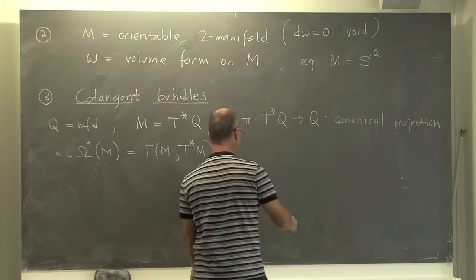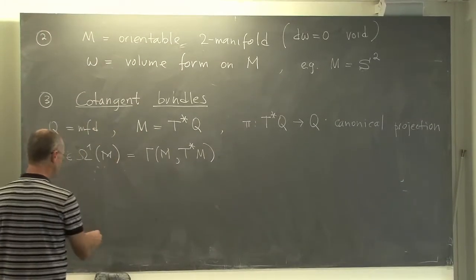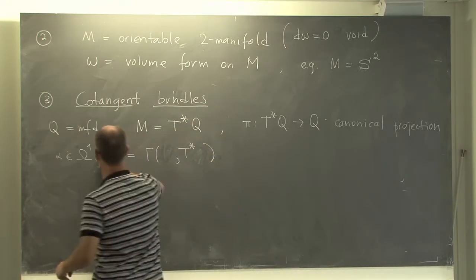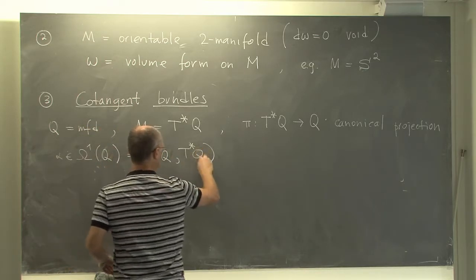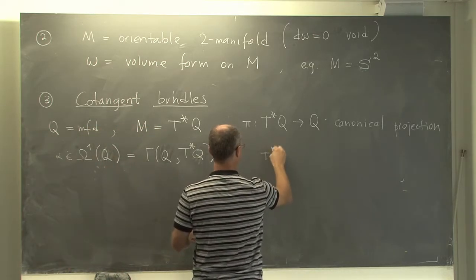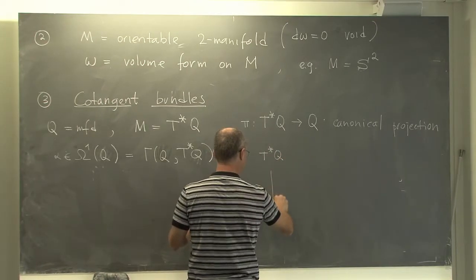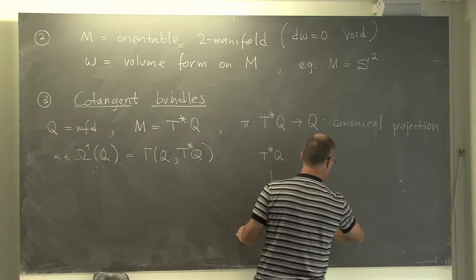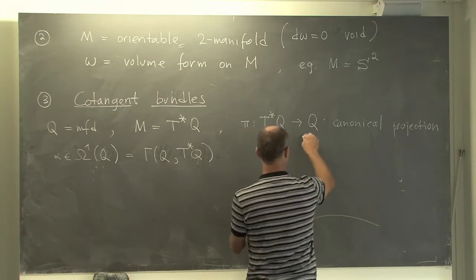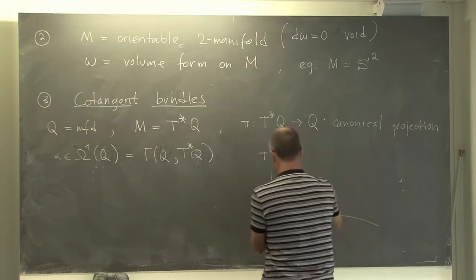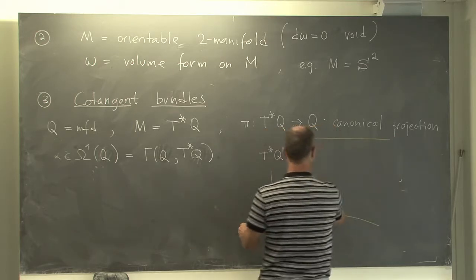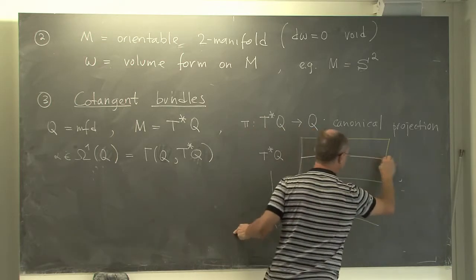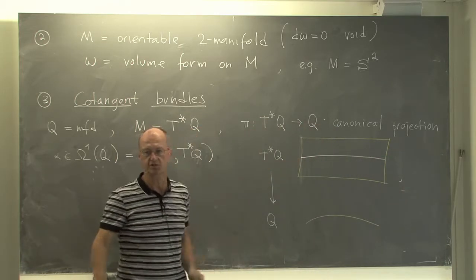Let me try to make a diagram and possibly a drawing. T star Q to Q, so we can imagine something of the sort. This is our Q. And this is T star Q. And somewhere in the middle, this is a vector bundle, so in the middle sits the zero section.